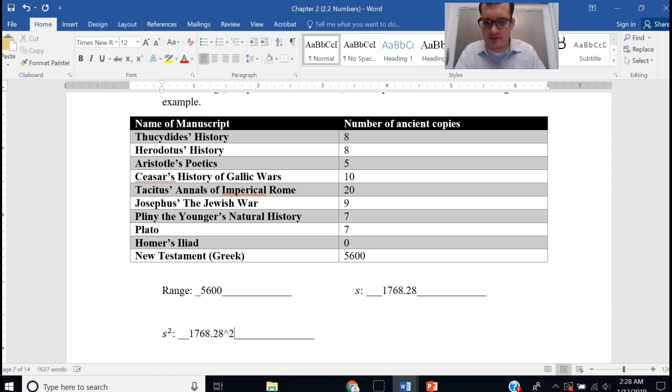It comes out to some very, very big number: 3,126,814.16. So that's how we do standard deviations, both population standard deviations and sample standard deviations on our calculator.